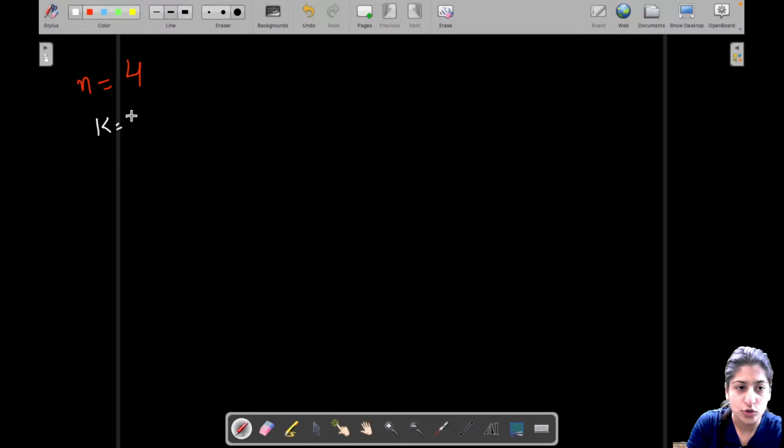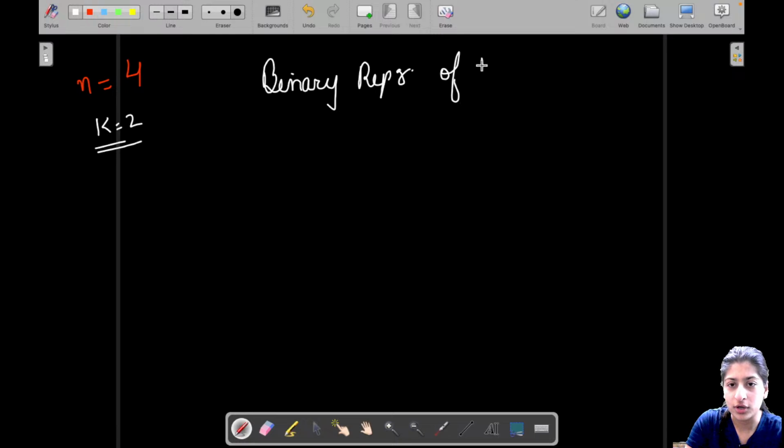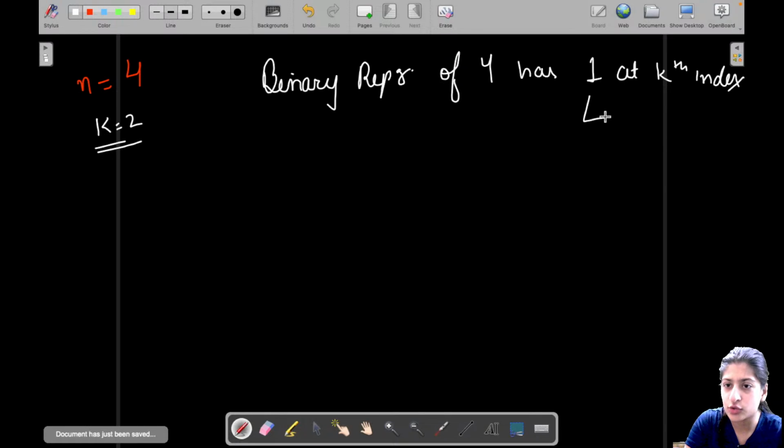And your k given is 2. So you have to check if the binary representation of 4 has 1 at the kth index or not. If it has, you return true, otherwise you return false.